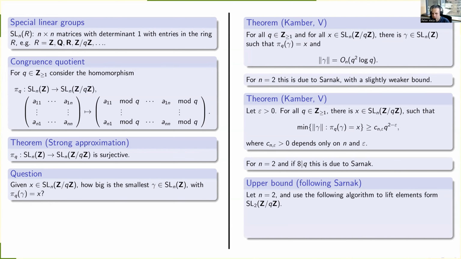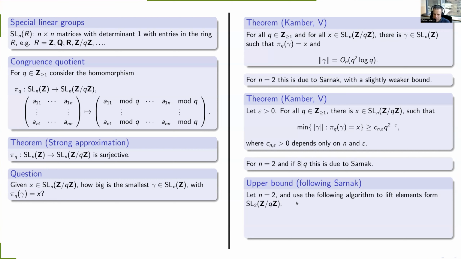And there are a couple of other nice examples where this has come up, and I will mention some of these later. But now I want to talk about the proofs, and first I'm going to explain the upper bound. And as I said, this is largely due to Sarnak, with a little tweak in the n equals 2 case, and it can be generalized to larger n, but I'm not going to talk about that.